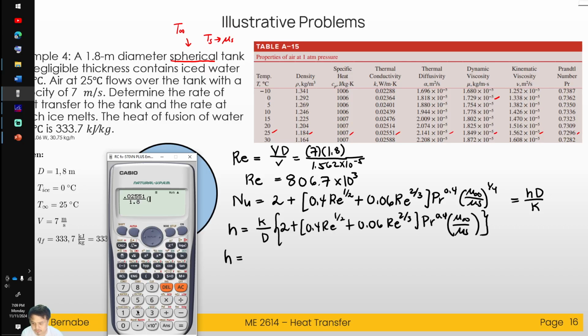Then you have 2 plus 0.4 times the Reynolds number. I just input A here for the Reynolds number, guys. You can do this as well so that you can change the Reynolds number dynamically. Then 0.06 times the Reynolds number to the 2/3.